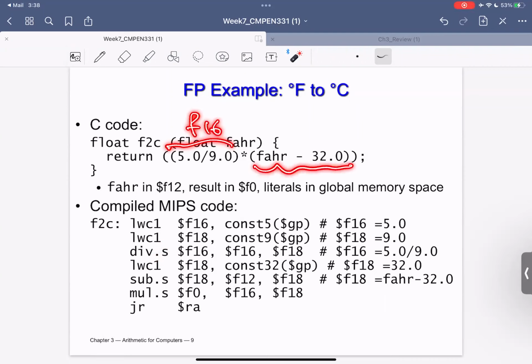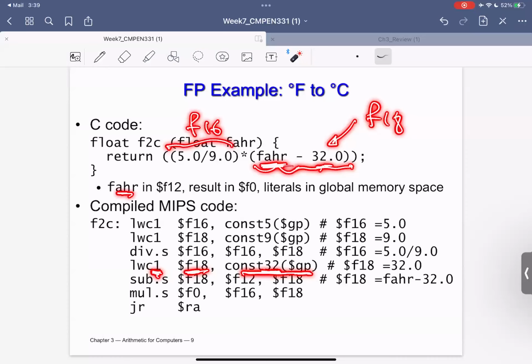My next step is to think about that with the same exact concept. This 32 will be saved in a certain register. We will call it F18. As you can see from here, this constant 32 will be saved into the F18. And after that, we need actually to subtract that 32 from a variable Fahrenheit.